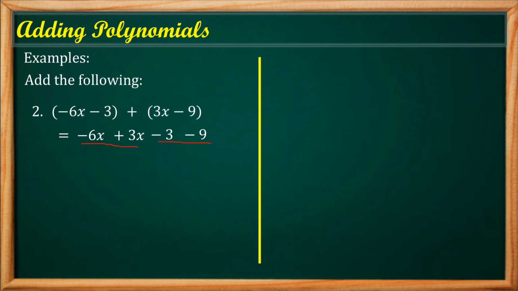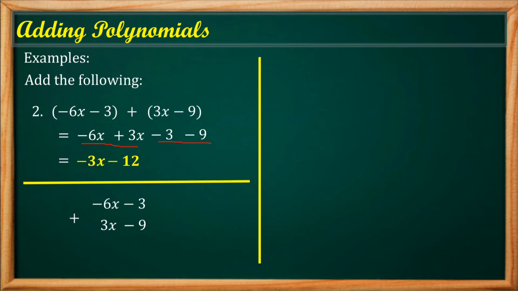Then, negative 6x plus 3x is equal to negative 3x. The negative 3 minus 9 is negative 12. For convenience, write in column same terms, then you will have the same answer. Arrange in column.